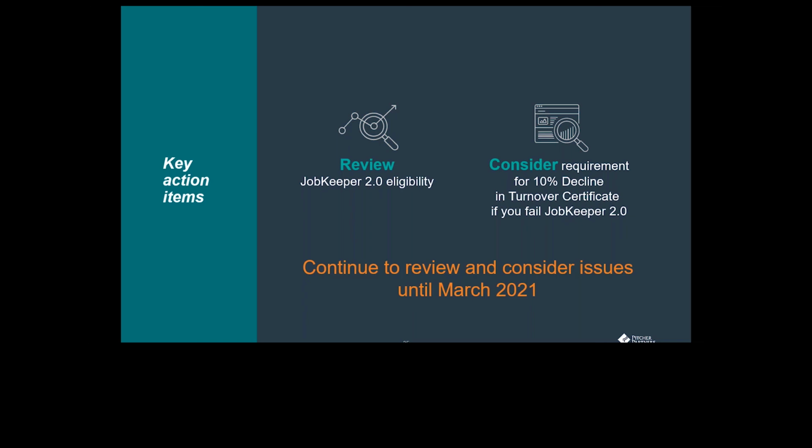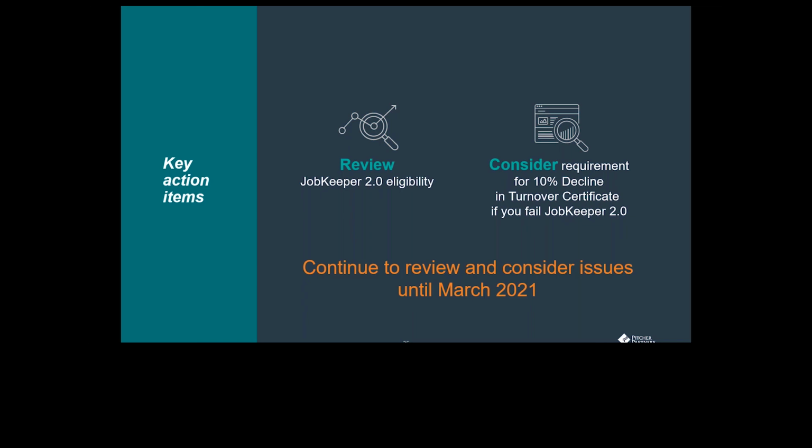Are you likely to meet the decline in turnover test, looking at your figures for September quarter 20 versus September quarter 19? Or alternatively, are you going to drop below the relevant decline threshold, if that's 30% or 50% or 15%? Are you going to drop below that threshold when you're looking at the September quarter? And if so, if you're in JobKeeper 1.0 but won't qualify for 2.0, do you have a need to continue issuing JobKeeper related Fair Work Act directions to your employees on an ongoing basis?